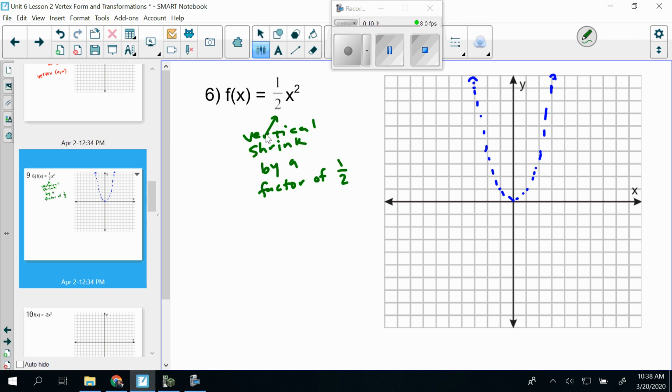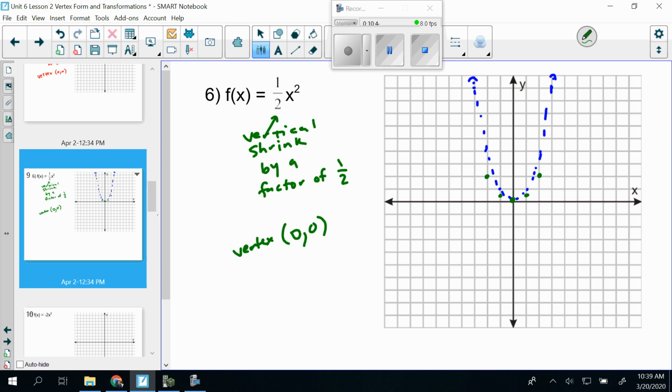This is still going to have a vertex of 0, 0. So we start at the same point, but now at 1, instead of being at 1, half of 1 is going to be a half. So at both -1 and +1, our y value is going to be half of what it was before. Before at 2, our value was 4. Well, half of 4 is now 2.